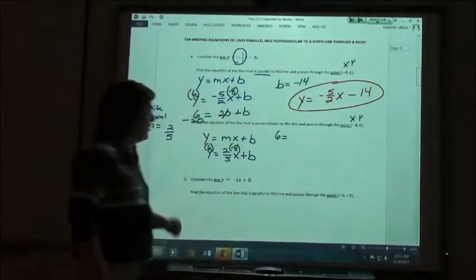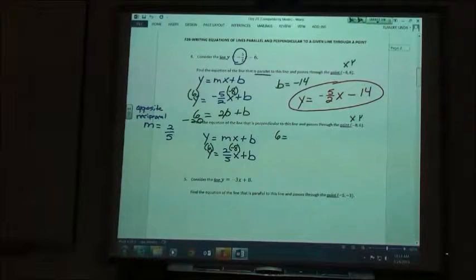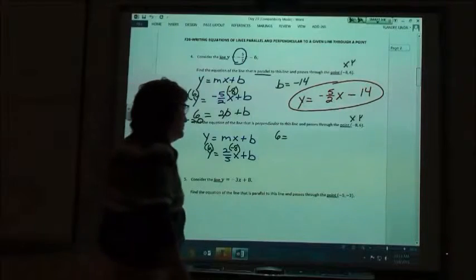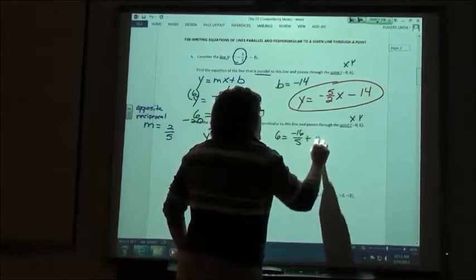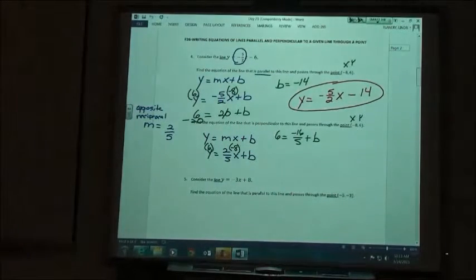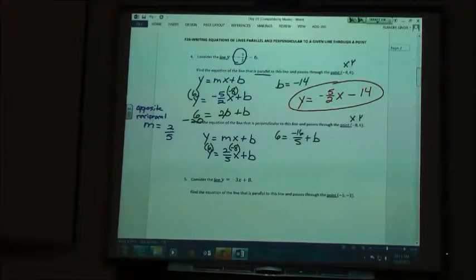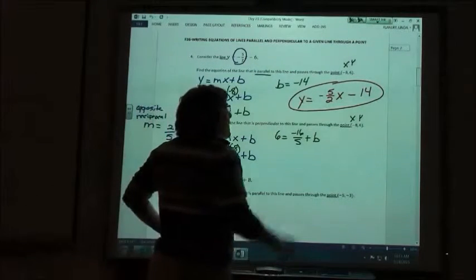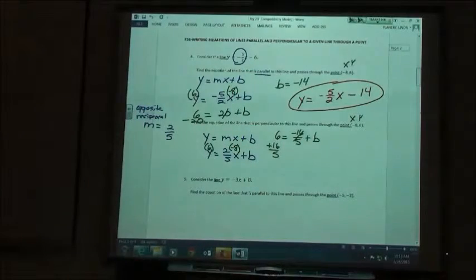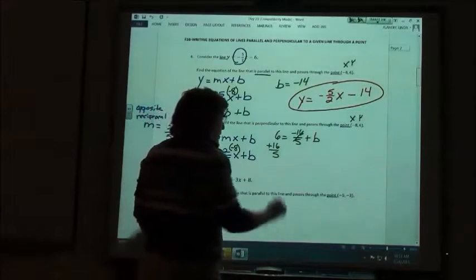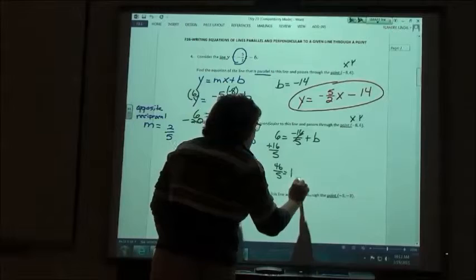Six then is going to equal 2/5 times negative 8, negative 16/5, plus some number b. So when we move our 16/5 over, we have to add the 16/5. So 6 plus 16/5 is 46/5. 46/5 is our b value.